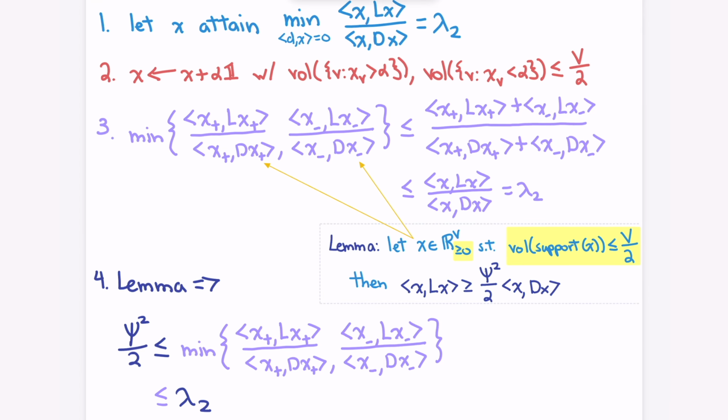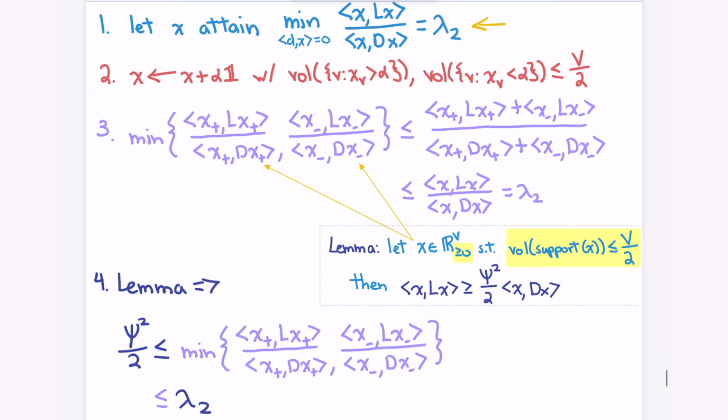So what does the whole algorithm do? We get the second eigenvector of the normalized Laplacian. That's also minimizing this expression. We shift it by alpha so that the strictly positive and strictly negative parts each have volume less than half the graph.